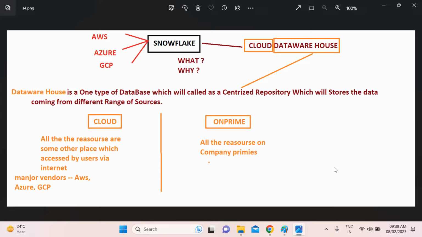This is a new subject, sir. Frankly speaking, even we are keeping on working with Snowflake. For the last 2.5 years I have been working with Snowflake, and how much have I grasped in 2.5 years?